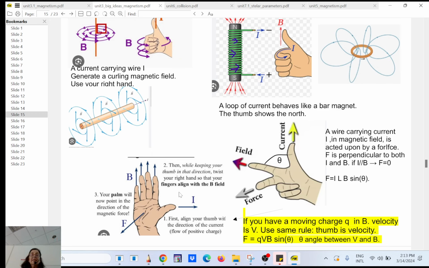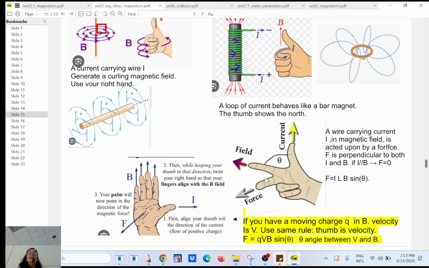Next, we're going to see that instead of having a current, so what is a current? What is it made of? If you think about Benjamin Franklin, a current is just moving positive charges, right? So if you have a moving positive charge, like a proton moving inside the field, it will also be deflected, and we will use the same right hand rule.